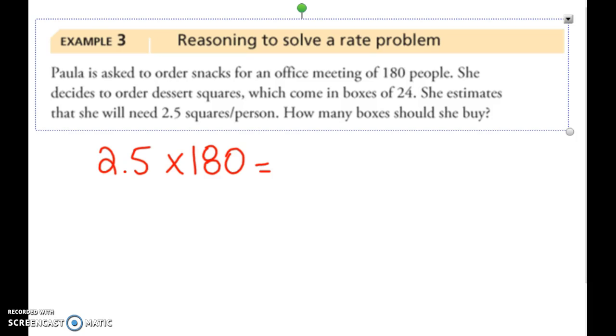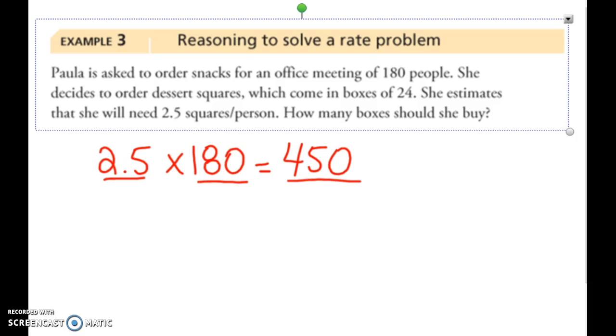So that means they will need snacks for 2.5 times 180. They're going to need snacks for approximately 450. Okay, so out of the 2.5 snacks per 180 people, they're going to need 450 of these squares.